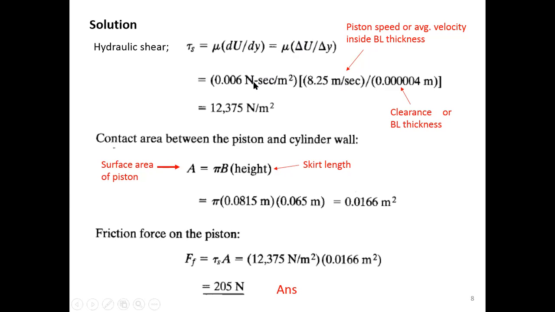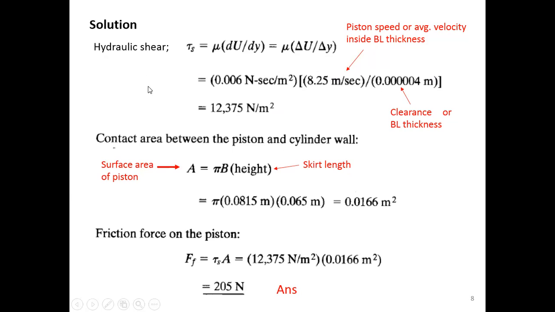And the distance of the clearance between the piston surface and the cylinder surface is what? 0.00004 meter here. This was given. So all of this information in this formula is already given in the problem. So we can calculate the amount of the hydraulic shear, which is 12,000 something Newton per square meter.